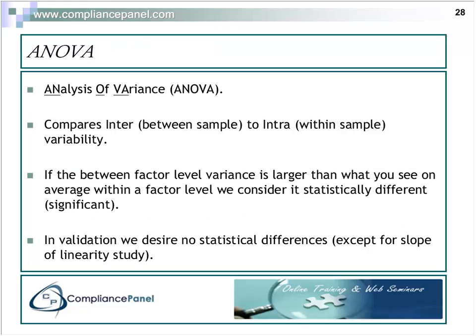And if the variability amongst the means is greater than what I would expect to see within a factor level, then I would call those differences. We'll see this in a minute when I show you the ANOVA table. But the way that analysis of variance works is it says I can look at the variability among the factor level means, and if that variability is larger than the average variability I see within a factor level, then in fact I have a significant effect.